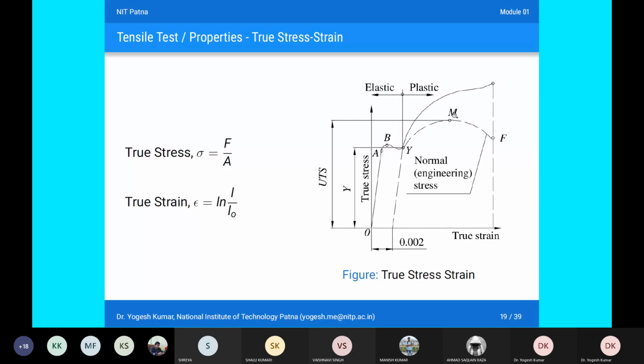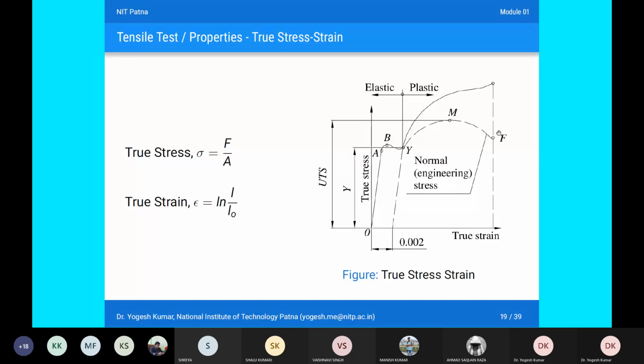So for understanding the deformation behavior of materials, we have to take into consideration your true stress and true strain in order to predict the actual behavior of your material.